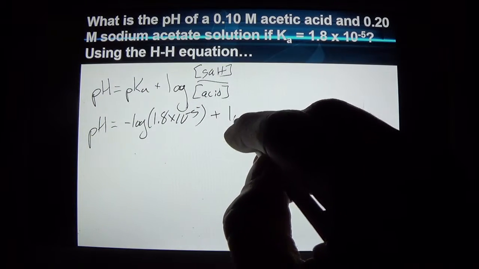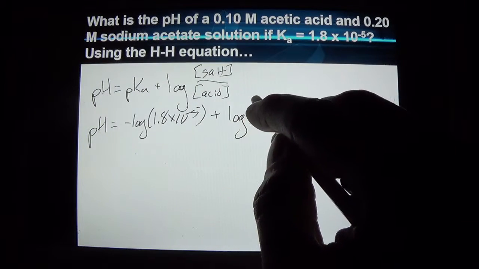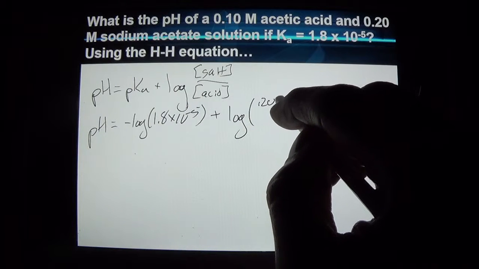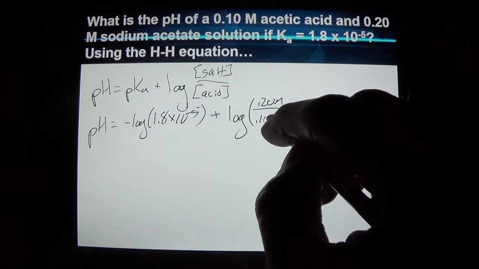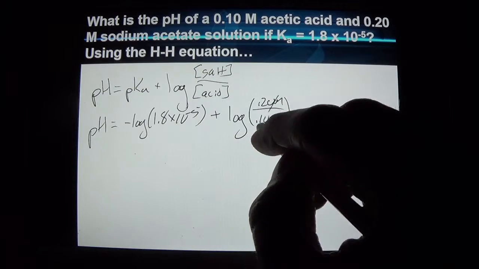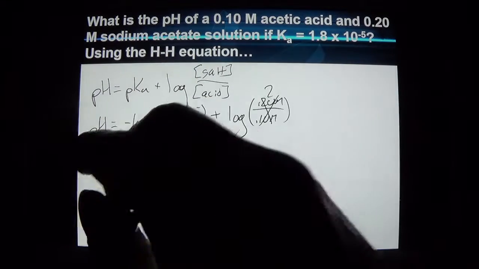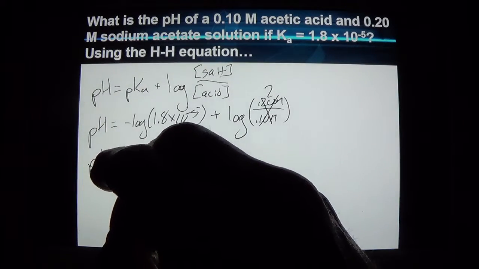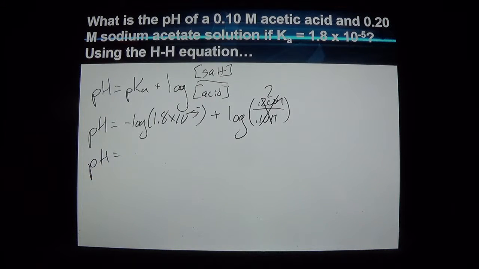And I'm going to add to that the log of, and as I've already said, this is going to be 0.20 molarity for my salt divided by 0.10 molarity for my acid. Hey, that reduces to 2. So now I get the pH is equal to, and all I have to do is run this through my calculator. So I'm going to take the negative log, nope, that'd be the wrong button, let's try that again.